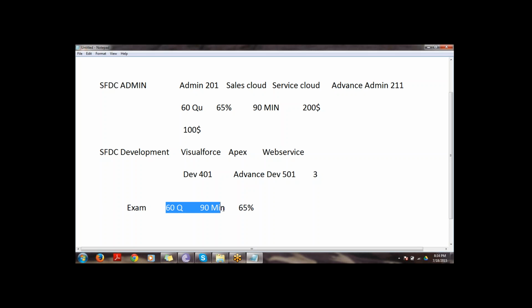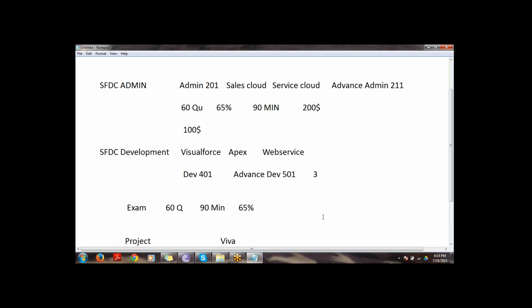Once you complete the exam, then we go to the second phase. In the second phase, guys, you need to complete one project. Once you complete the project, the third one is a Viva with Salesforce. Once you complete this Viva also, only then Salesforce provides the 501 certification.